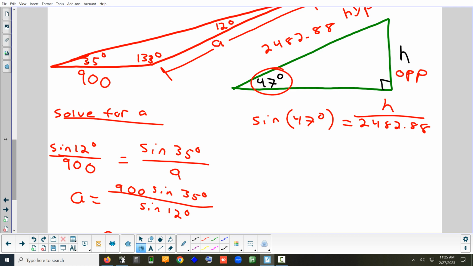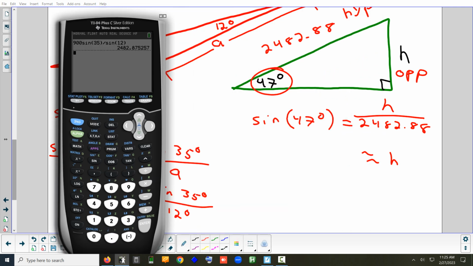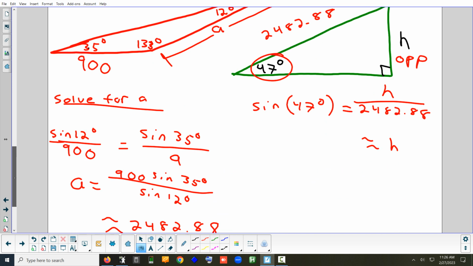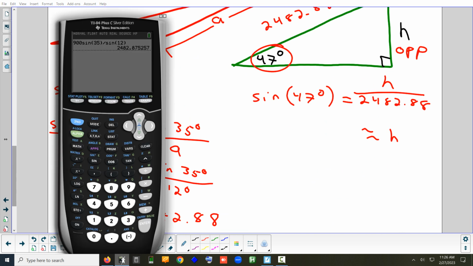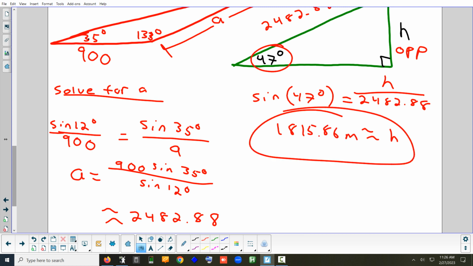And how would we get H by itself? Multiply each side by the denominator. And that is the height of the triangle, which is the height of the mountain. So 2482.88 sine 47 is 1815.86. And I think that was all in meters. Yeah, that was meters.